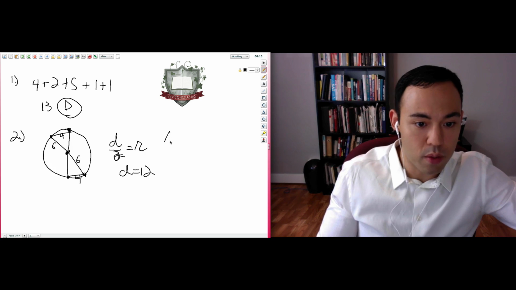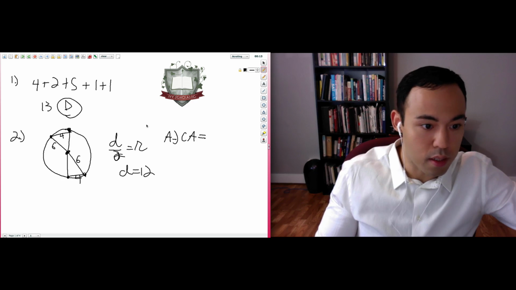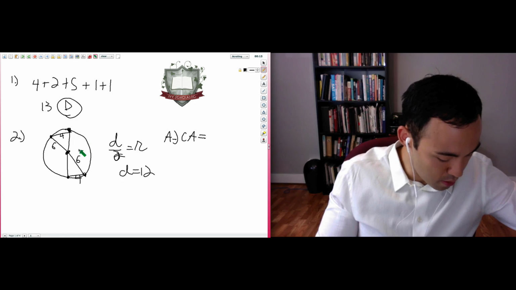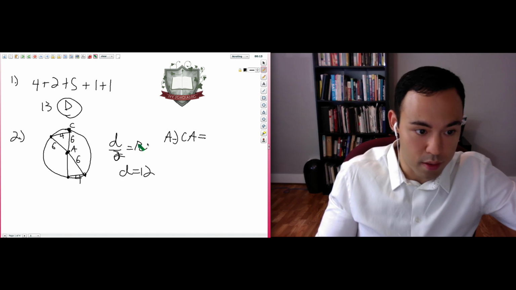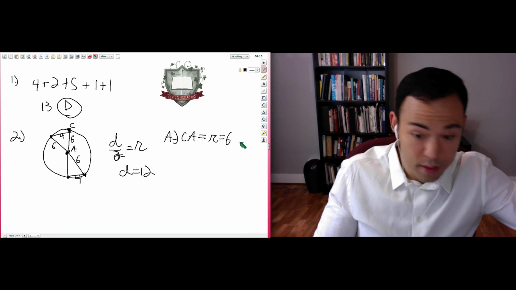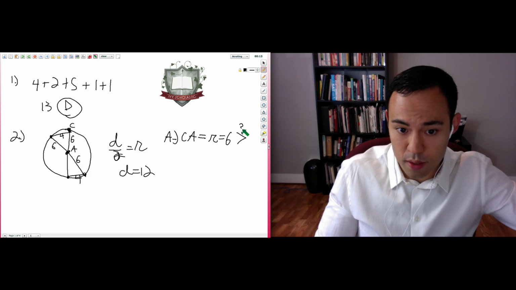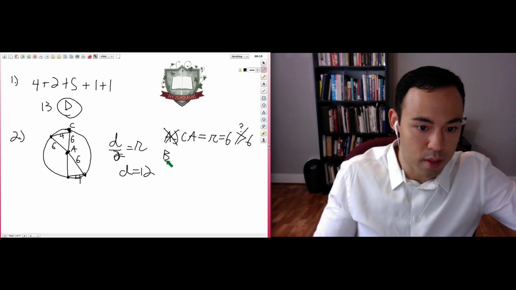They're asking which of the following statements are true. So CA equals, CA is this segment, this is our C, this is our A. CA is the radius, so CA equals the radius, which equals 6. And is 6 greater than 6? The answer is no. So answer choice A can't be it.